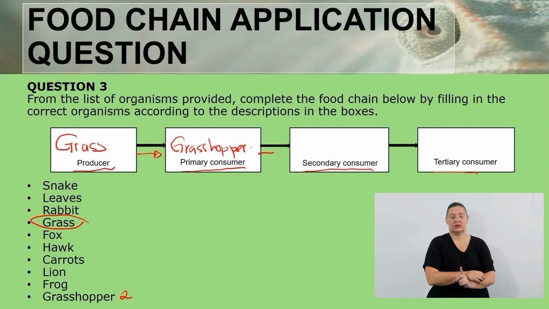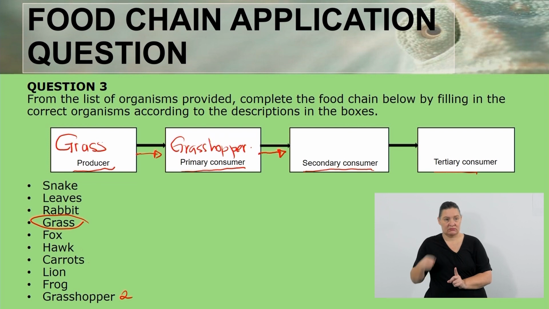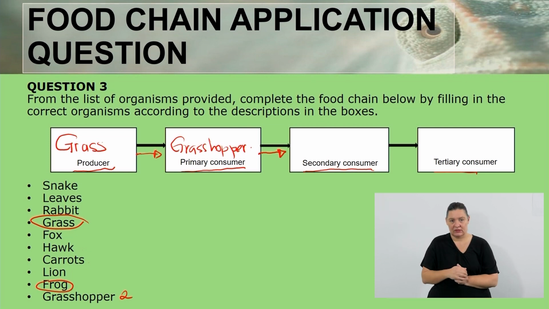Now, the grasshopper will be eaten by the secondary consumer. So our secondary consumer here, from the list, what can eat the grasshopper? The frog. Let us put the frog here. The frog is going to occupy the position of our secondary consumer because it is no longer eating the plant directly. It is eating the grasshopper, which has the energy that comes from the producer.